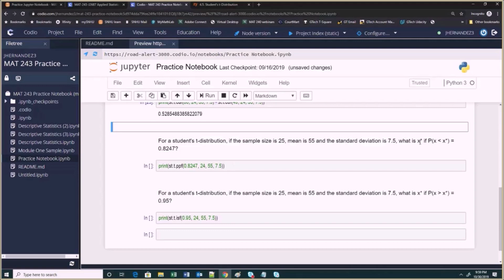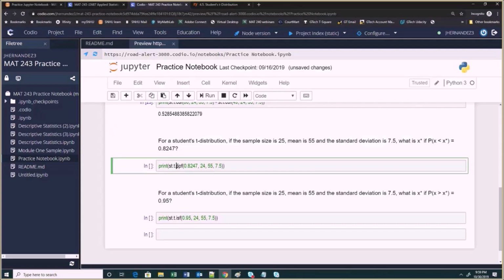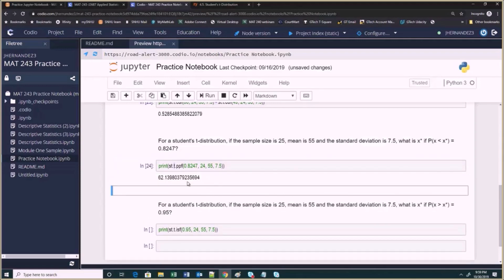And the question is, what is X star? What is the critical value if the probability when X is less than that critical value is 0.8247? So we will use the PPF method. And notice I'm again using t.ppf, and I get the answer there.